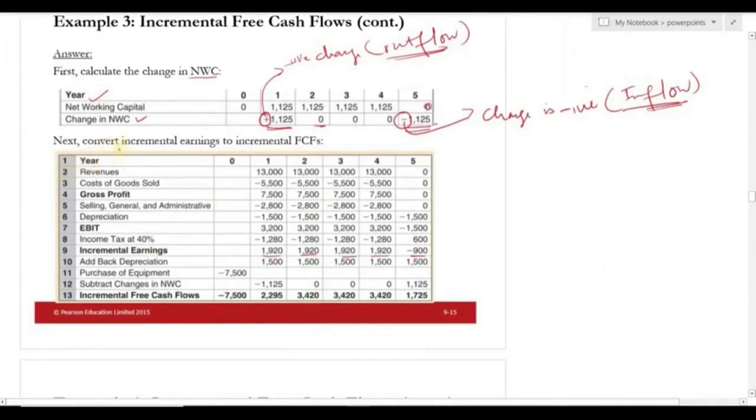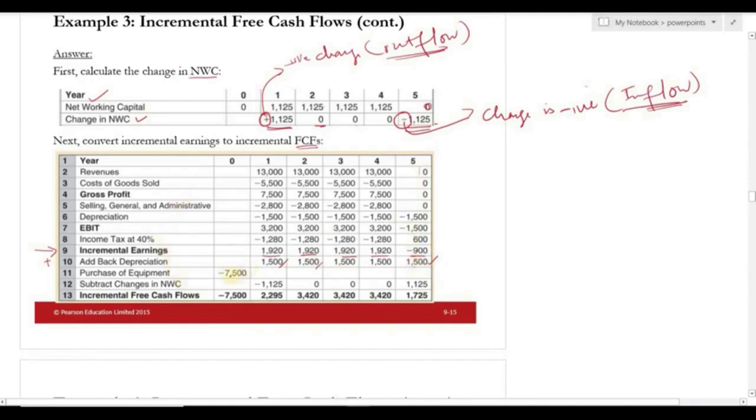Next we convert the incremental earnings to the incremental free cash flow. After we got the incremental earnings, let's add back depreciation. First of all, adding back the depreciation was 1500, 1500, 1500, and then in the final part also we need to add back. Although we don't have anything here, we have subtracted something, so that is 1500.